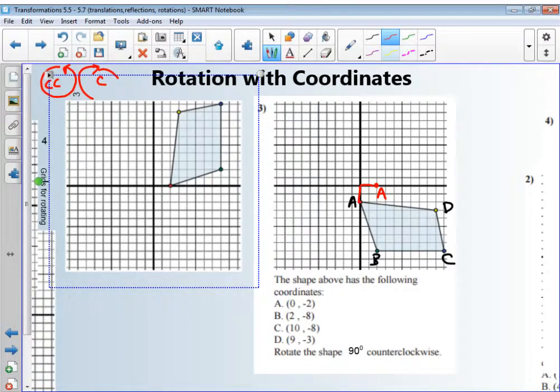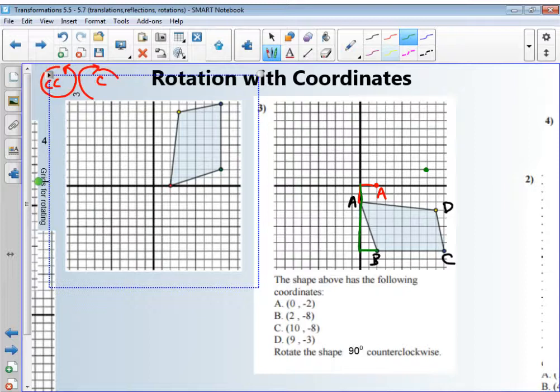Okay, so for B, it looks like I went away 2, 4, 6, 8, and off of the axis 2 places. So 2, 4, whoops, there's 5, 6, 7, 8, and then 2 places.